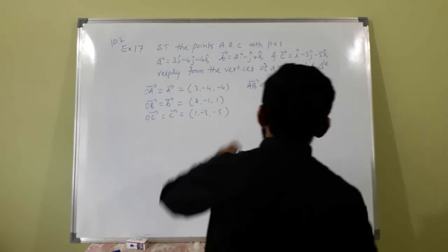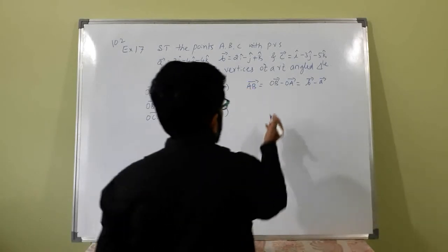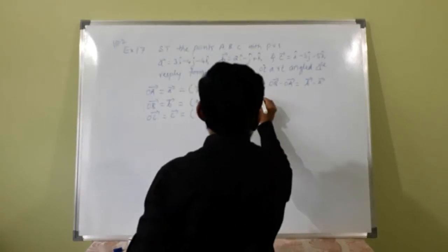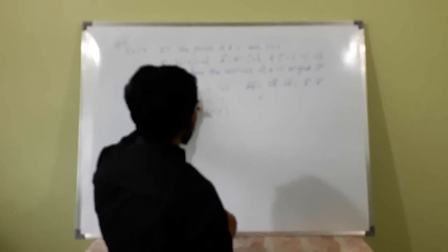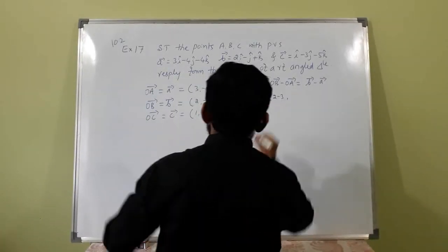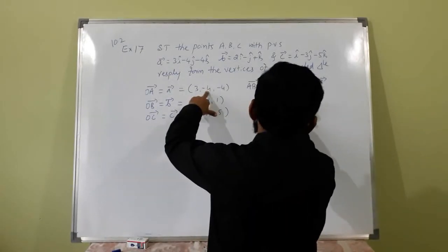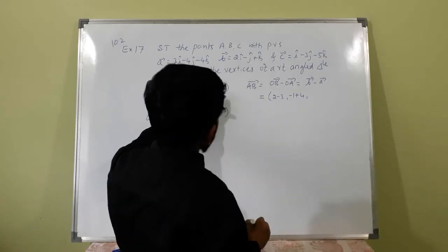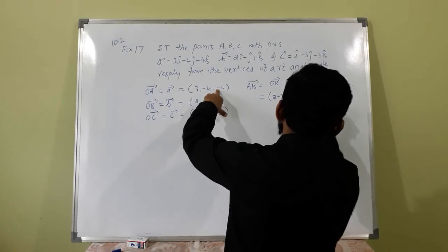So b minus a means 2 minus 3, minus 1 minus 4 plus 4, minus 1 plus 4, 1 minus of minus 4, that is plus 4.